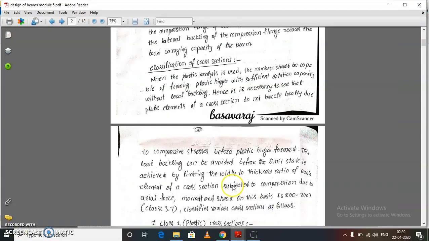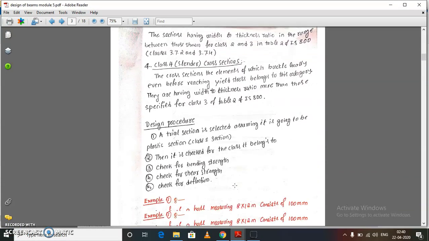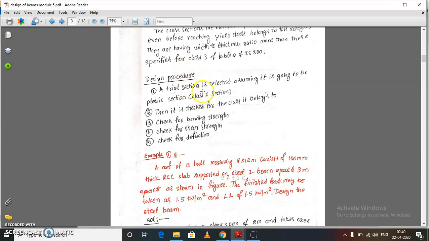Now let us see the design procedure for beams. First, a trial section is selected assuming it is going to be a plastic section. Second, it is checked for the class it belongs to.